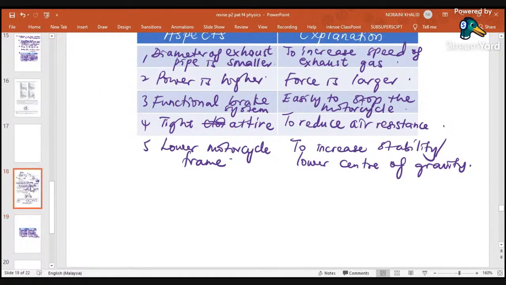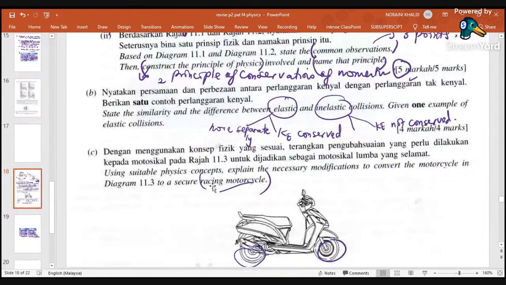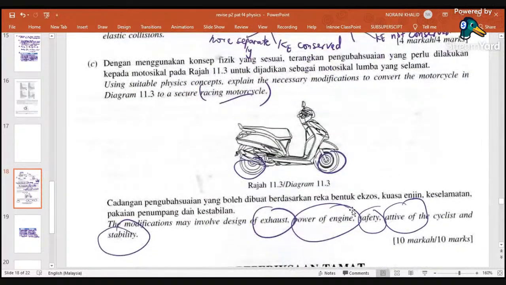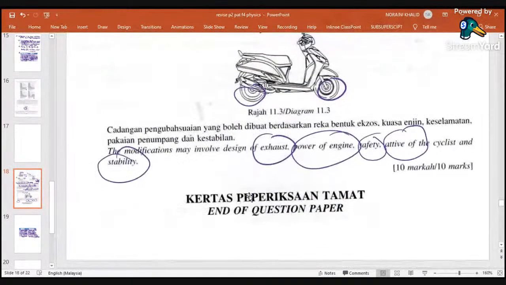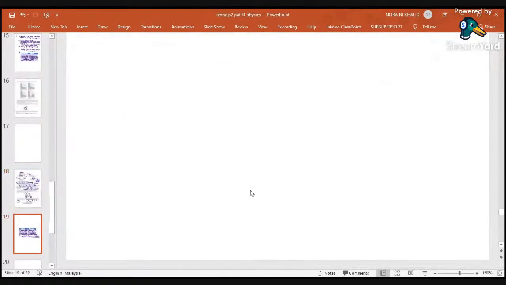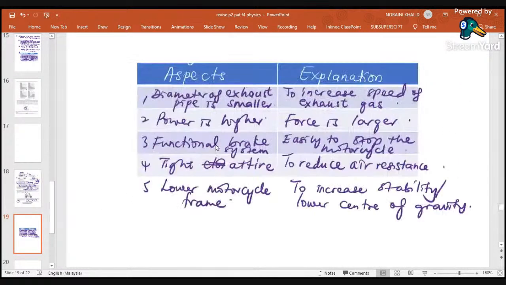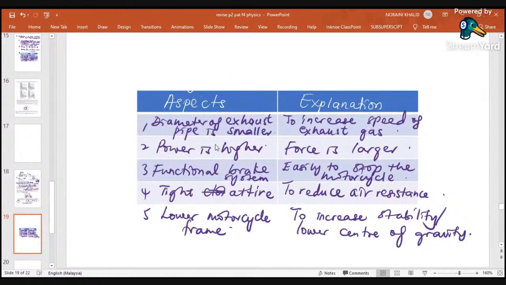If you look, the aspects are all here. You have to find the aspects yourself. You can see the aspects here: exhaust, engine power, safety, attire, stability, 5 aspects. If you write 5 aspects with very good explanations, you can get full marks easily. The suggestion is to use table form.